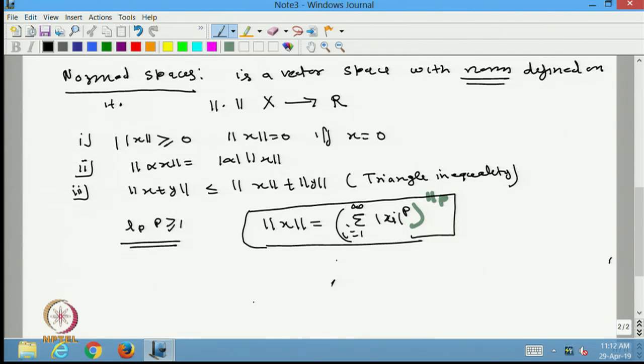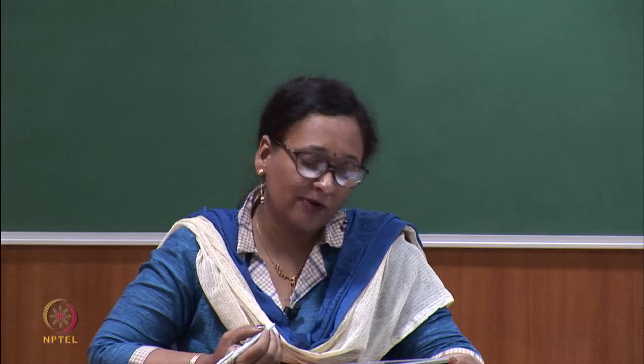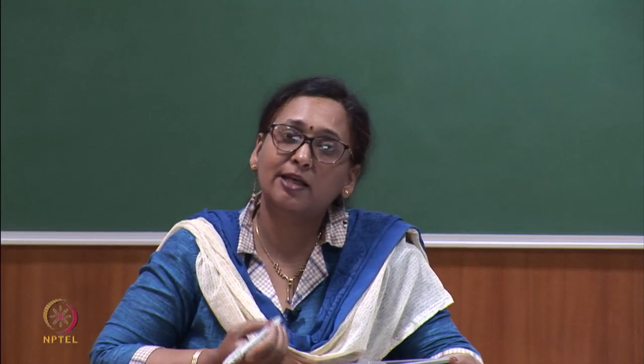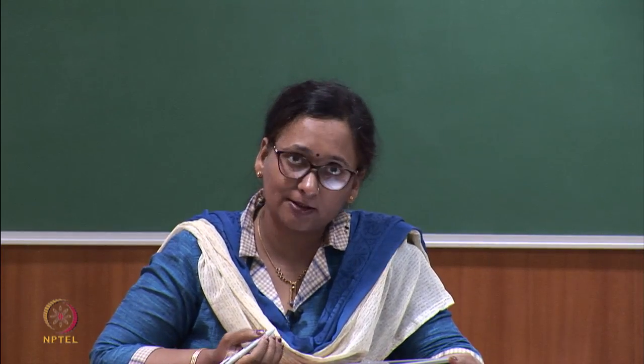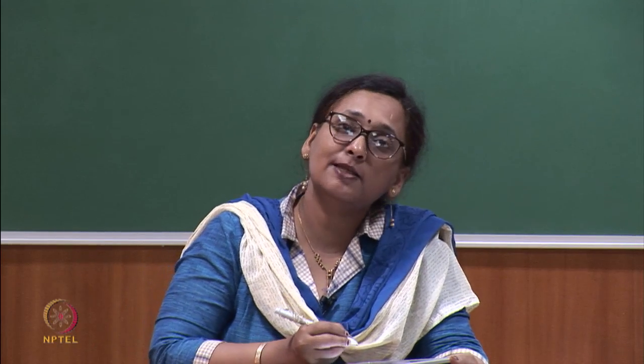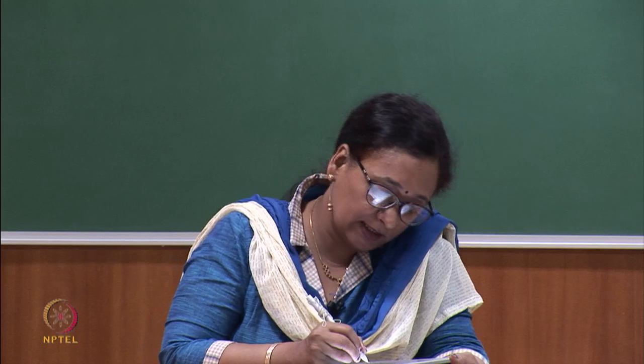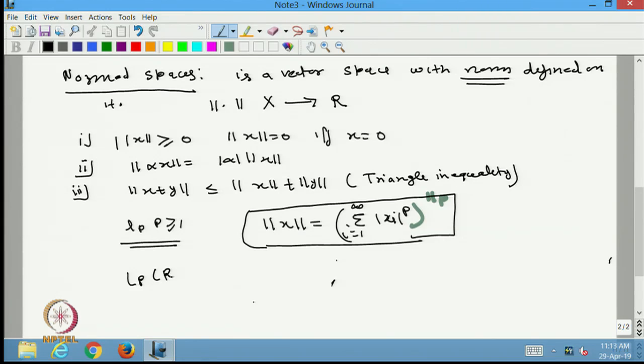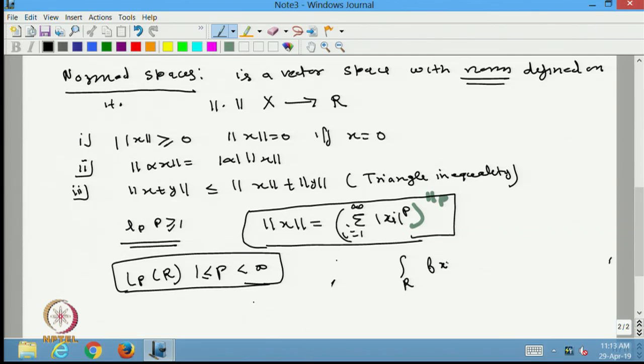As I said, an element of a vector space can be a sequence, it can be a vector, and it can be a function as well. So this is an example of a different vector space, the elements of which will be functions, LP of R. This is a very famous space, which is the set of all measurable functions such that this property is satisfied.